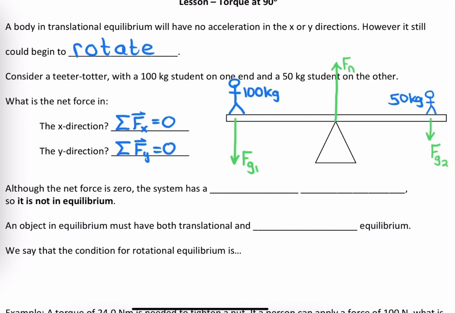But if you look at this teeter-totter we've drawn, although it might not accelerate in the x direction, and although it might not accelerate in the y direction, it's going to start moving, right? Because the student over here is so much heavier than the student over here, this teeter-totter is probably going to start to rotate. So although the net force on this thing is 0, the system does have a net torque.